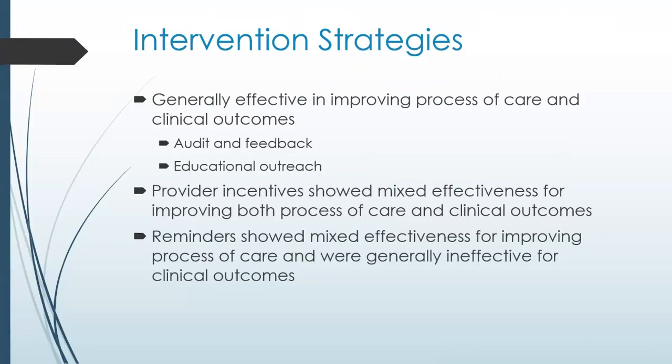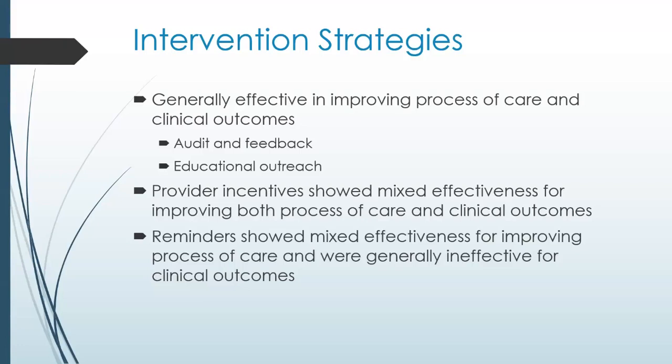So what they found was that what is generally effective in improving process of care and clinical outcomes is audit and feedback, as well as educational outreach. Physicians don't want to know that they're practicing out-of-date care, and they truly do want to do the right thing by their patients. So when they learn that, they do try to implement it.